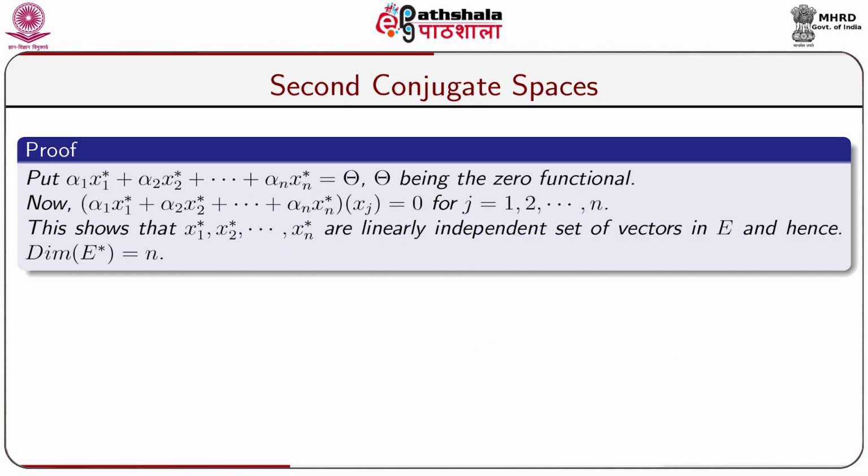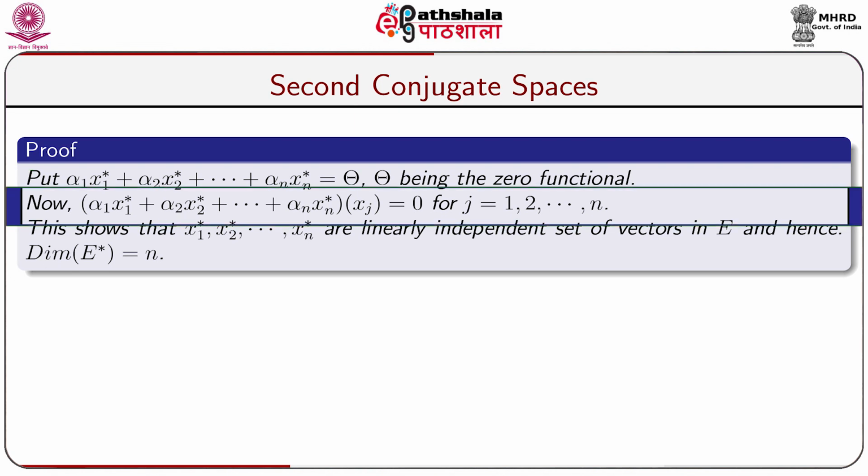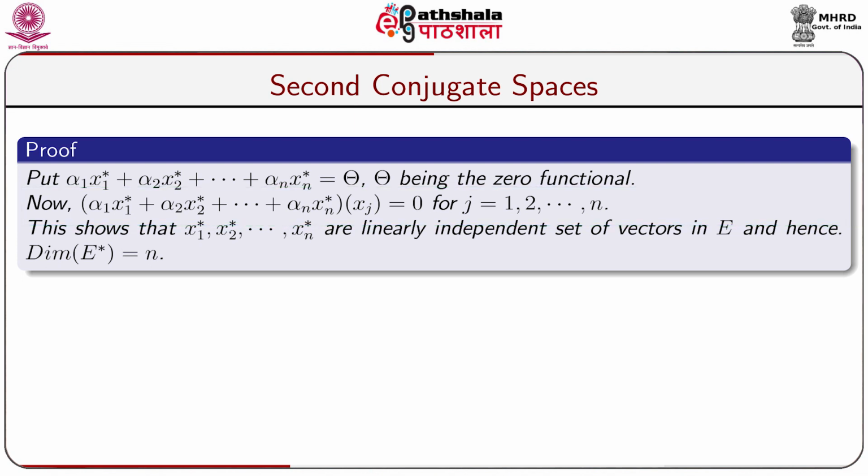Put alpha 1 x1 star plus alpha 2 x2 star plus ... plus alpha n xn star equal to theta, where theta is the zero functional. Now, (alpha 1 x1 star plus alpha 2 x2 star plus ... plus alpha n xn star)(xj) is equal to 0 for j equal to 1 up to n.